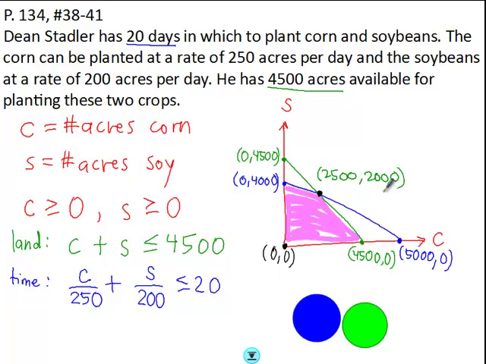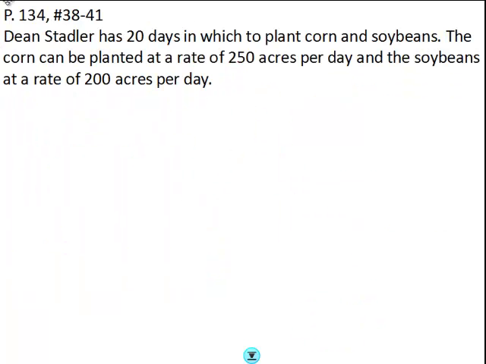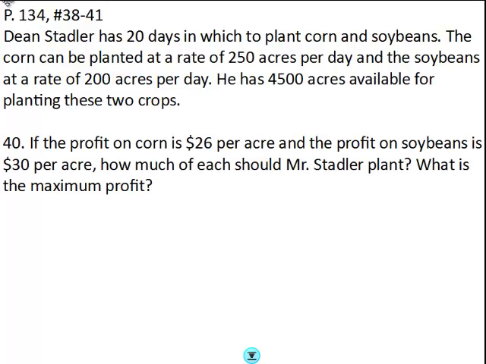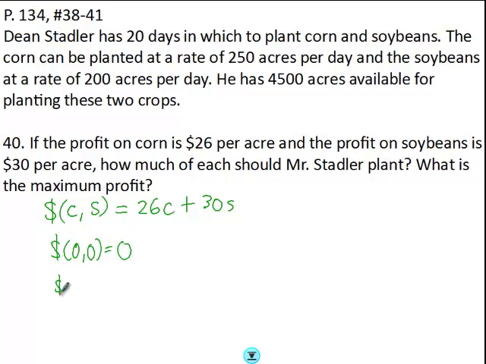I do not have a function to maximize or minimize, so I'm going to have to get that information from the book. Number 40 tells me prices. I'm going to need a profit function. It depends on how many acres of corn and how many acres of soybeans. For every 1 acre of corn, I'm going to earn $26, so I make 26 times C on corn. I'm going to make 30 times S on soybeans. My options are 0, 0. Of course, I'd make $0. 0 acres of corn and 4,000 acres of soybeans, in which case we'd make $120,000.